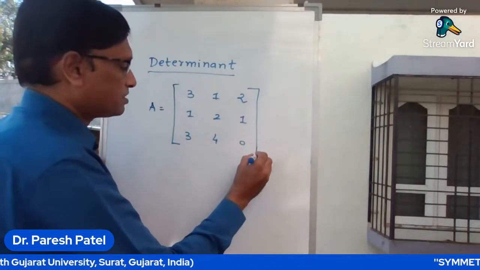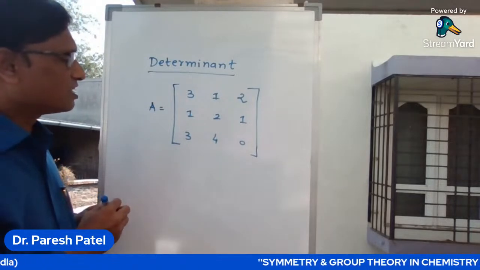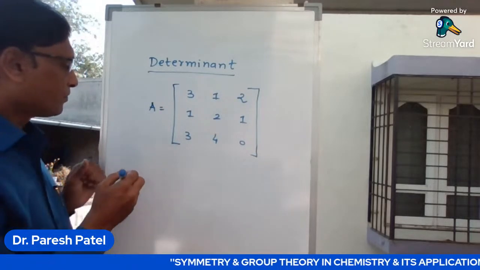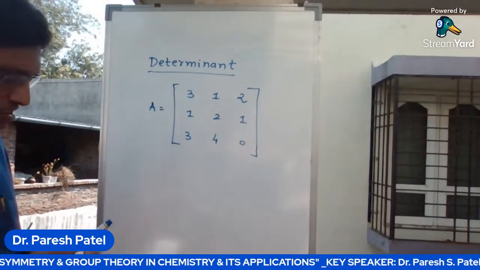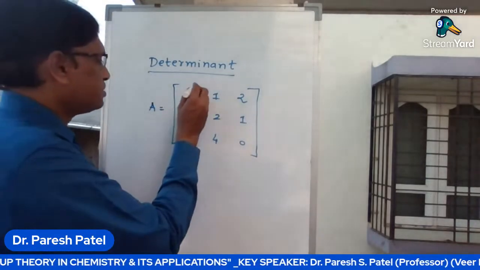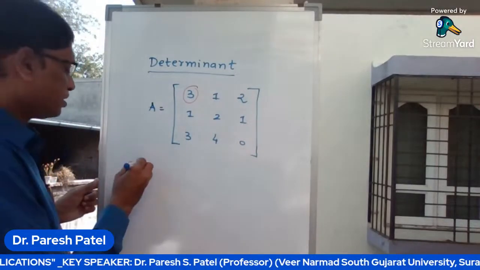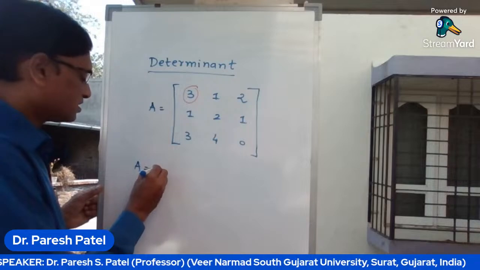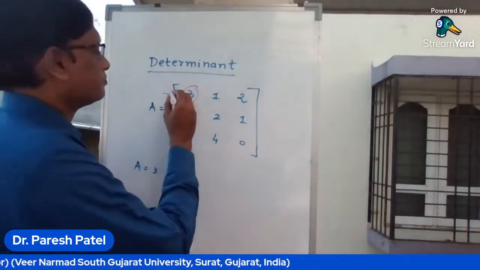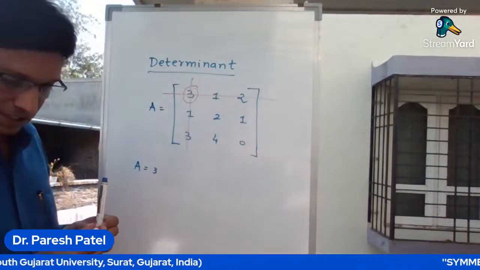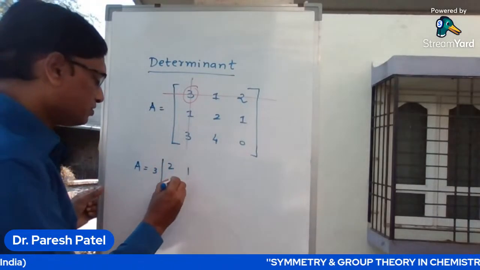This is a three-dimensional matrix; the number of rows and columns is 3. To find the determinant, take the element of the first row, first column, which is 3, and the remaining matrix is 2, 1, 4, 0.